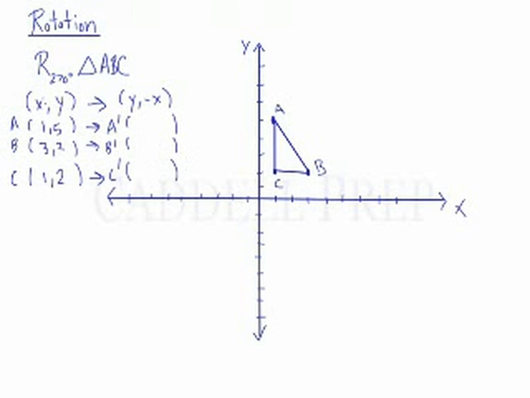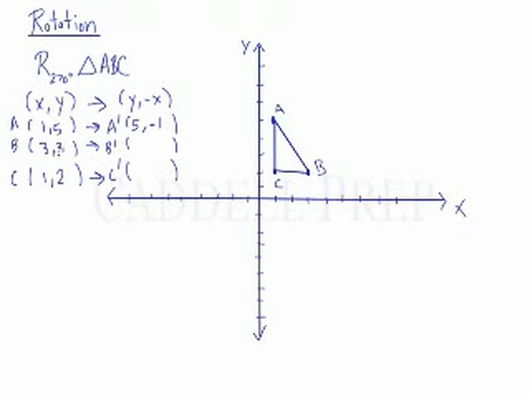Okay, so to make this switch, we're going to take this y coordinate and list it as the x coordinate of the image. So 5, the y coordinate of A, is going to be the x coordinate of A prime. Then we take the x coordinate, make it negative, and that's going to become the y coordinate of the image. So we take 1 and write negative 1 for the y coordinate of A prime.